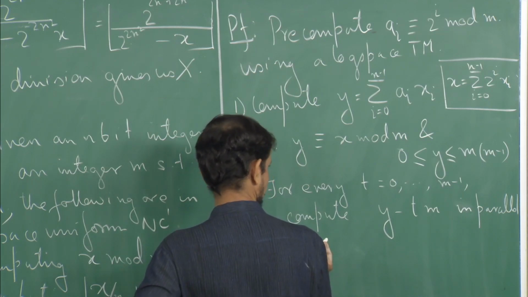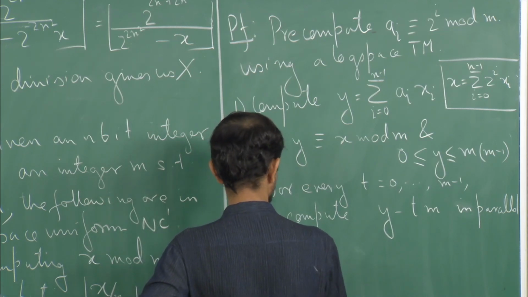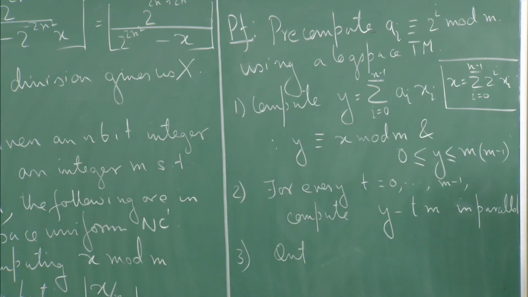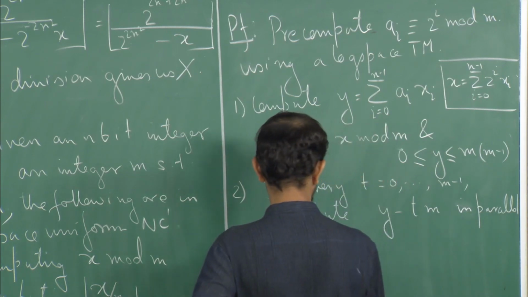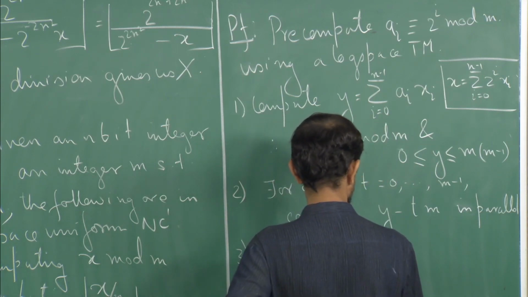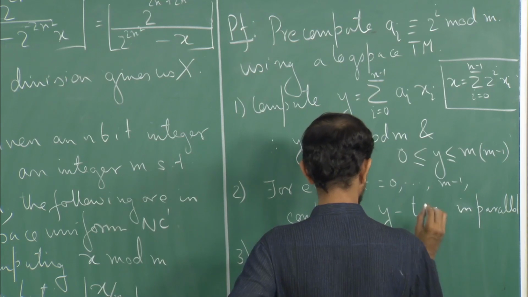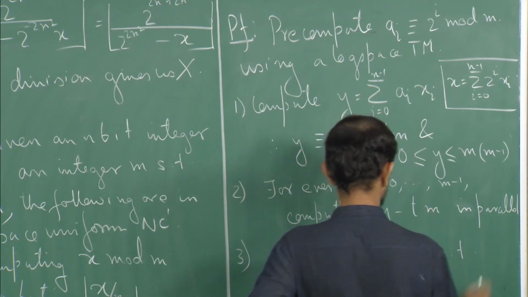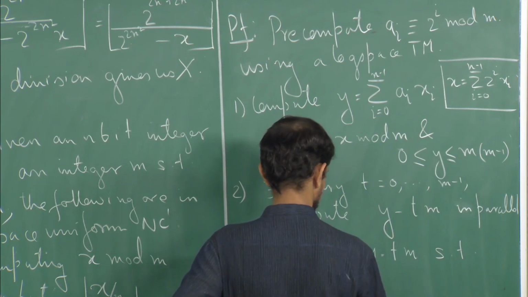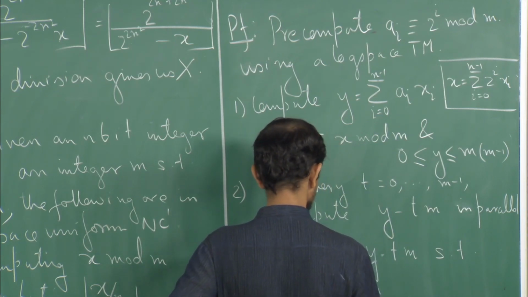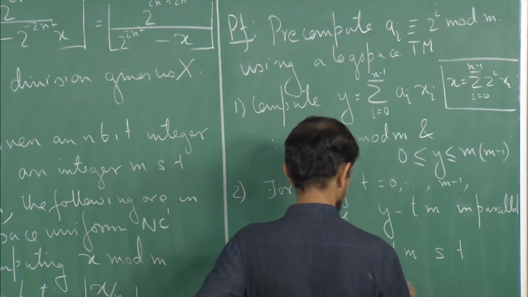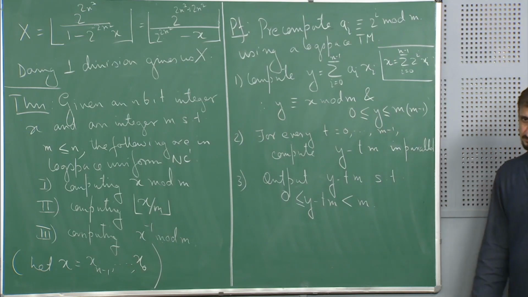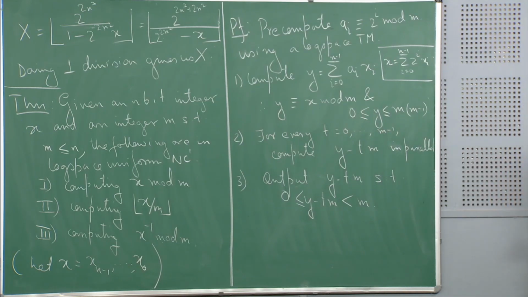And what do I want to output? I output y minus tm such that this particular y minus tm is greater than or equal to 0 and less than m. Okay, so actually this is very simple.